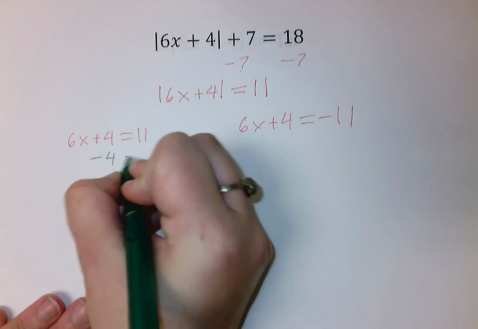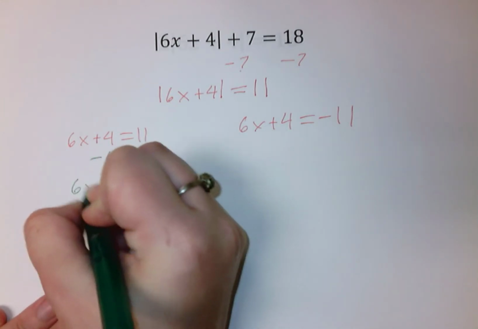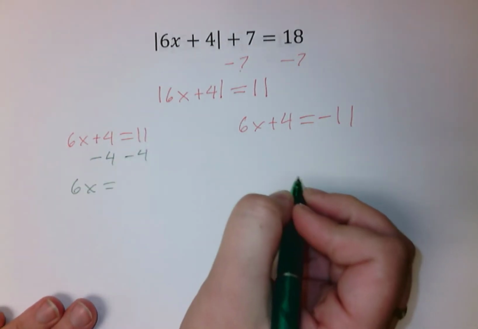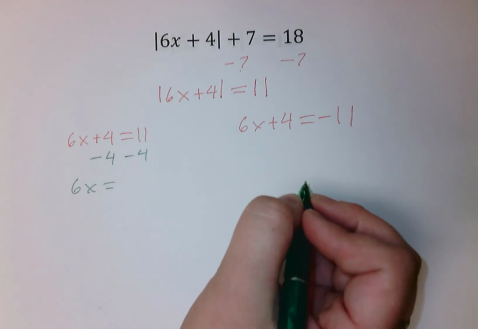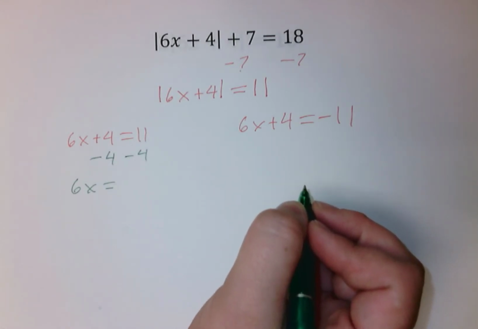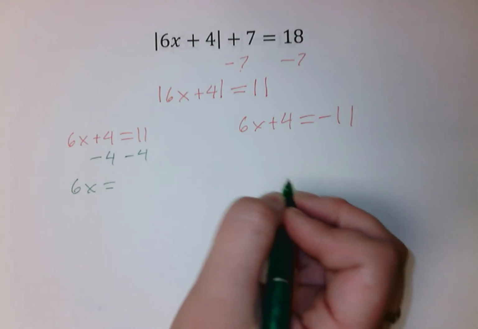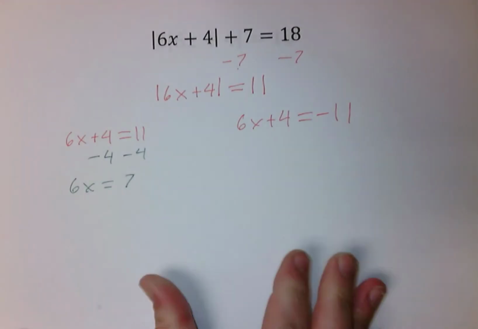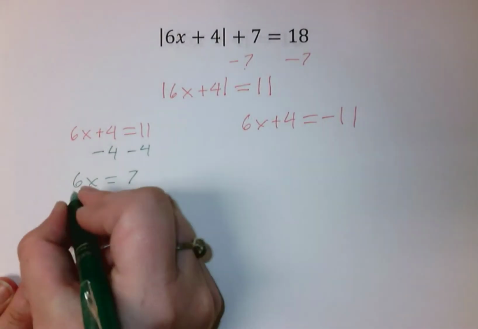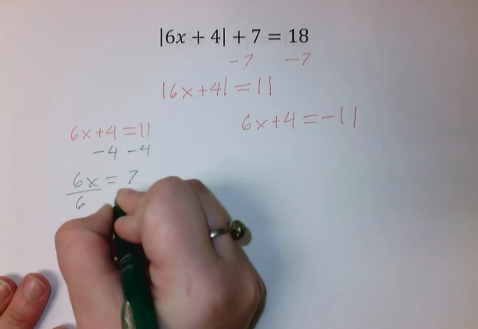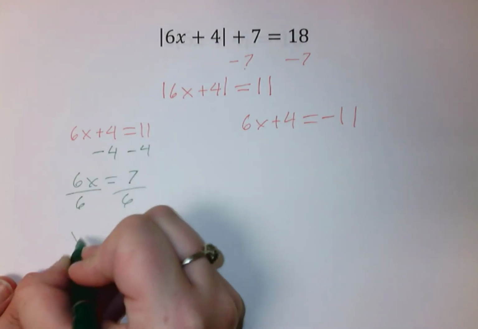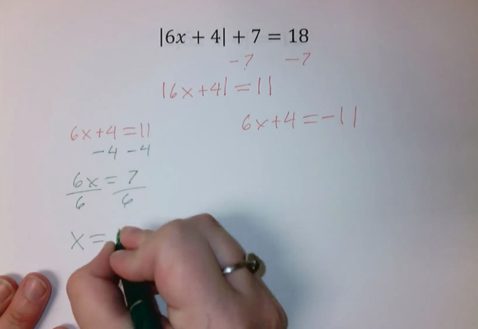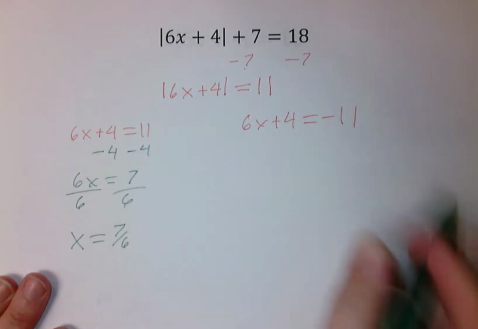I'm going to subtract 4 on both sides. 6x is equal to 11 minus 4 is 7. 6 is multiplying x, so we're going to divide. So x is equal to, can't simplify that, 7 divided by 6.